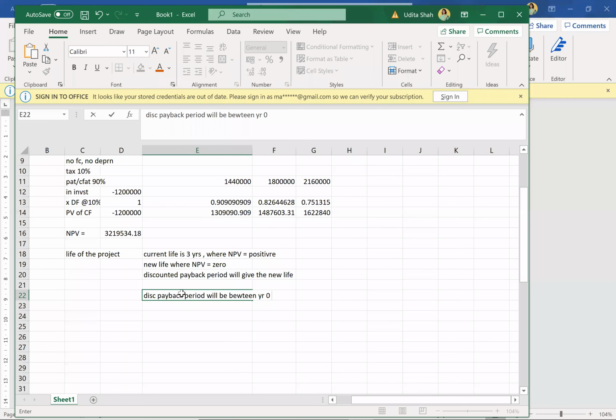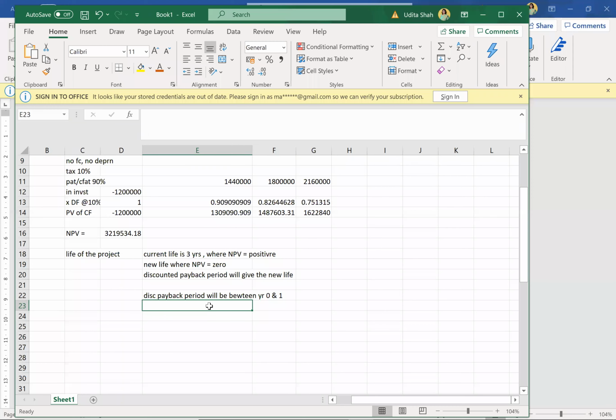See if you are able to recollect this. I wanted to recover 1.2 million, but year one itself is 1.3 million. Means my 1.2 million will be recovered between year 0 and year 1.